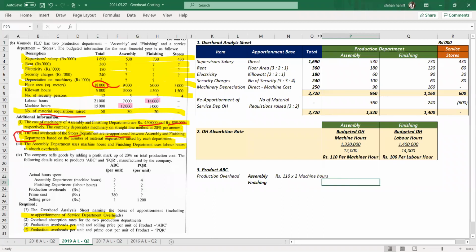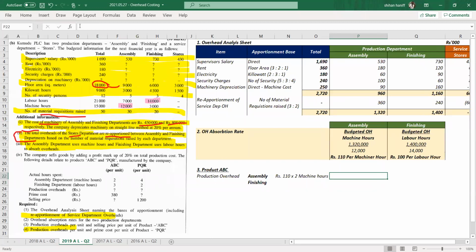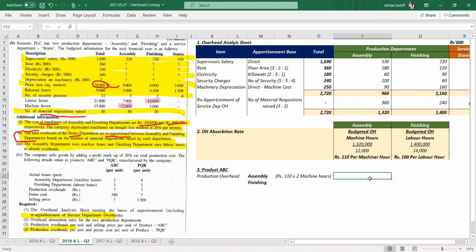2 machine hours. Each machine hour cost is 110. Total amount is 110 into 2, which is 220.